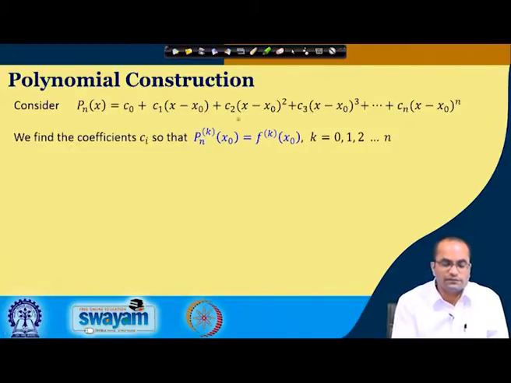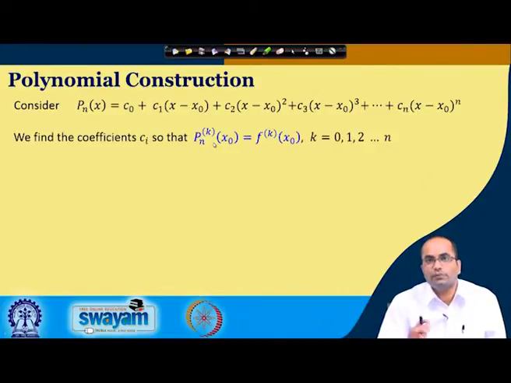based on the conditions which we have set, that the derivatives up to nth order of this polynomial at the point x 0 must be equal to the respective derivatives of the function at the same point x 0.